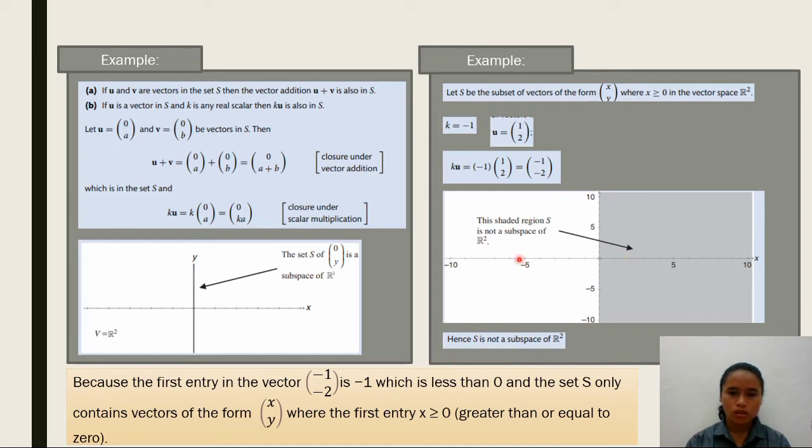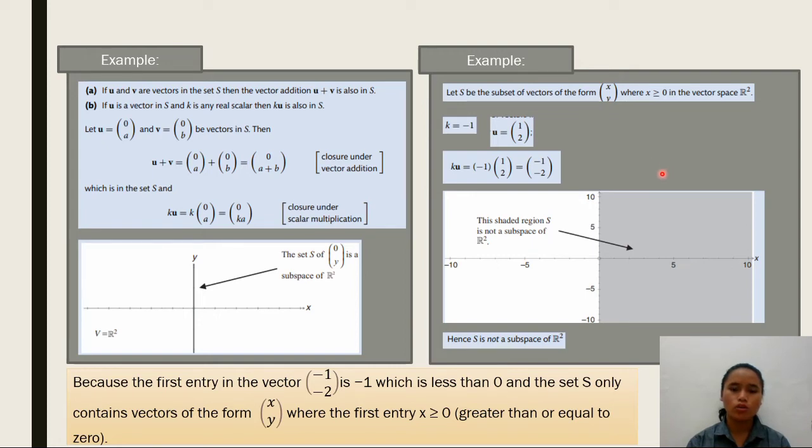Because this shaded region S is not a subspace of R squared, because x is not equal to 0, or, tidak sama dengan 0 atau lebih atau sama dengan 0.